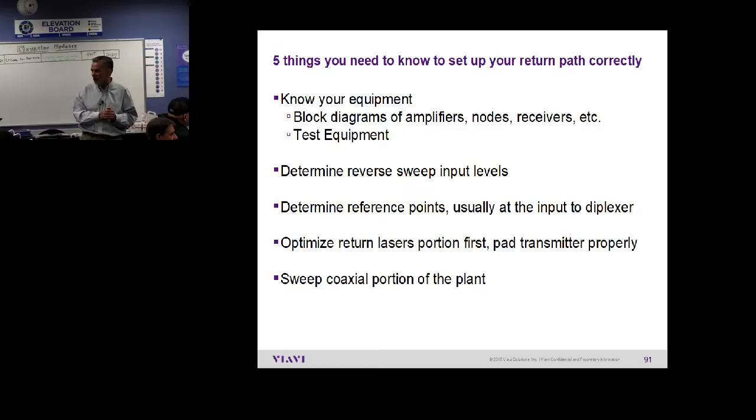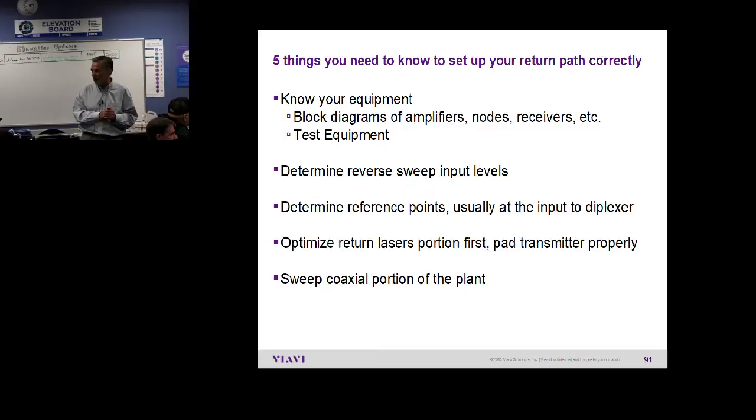So you've got to know your equipment, and you also have to know your test equipment too. Our sweep system works the same as a KLN sweep system, but there are differences, right? You also have to know your reverse sweep input levels. That's something that's system specific. I can't tell you what that is.